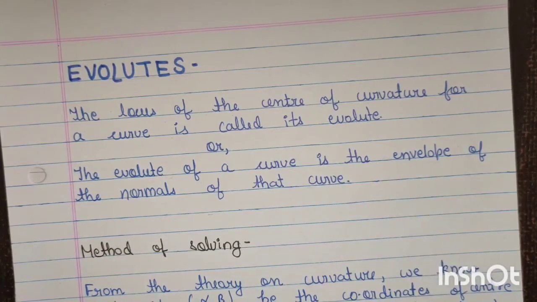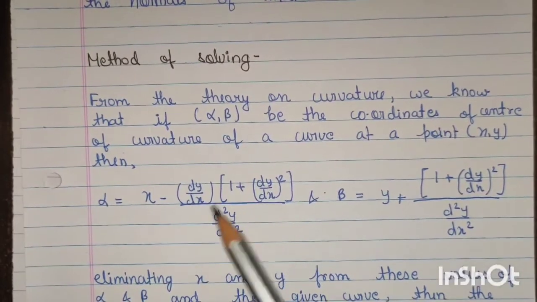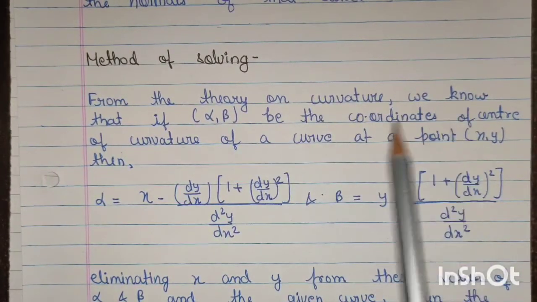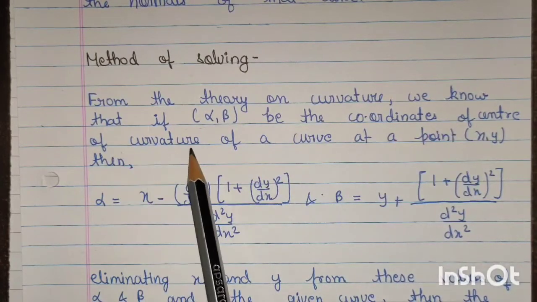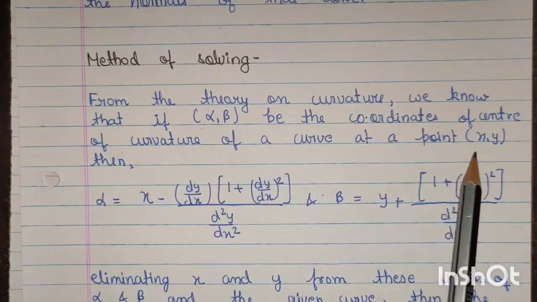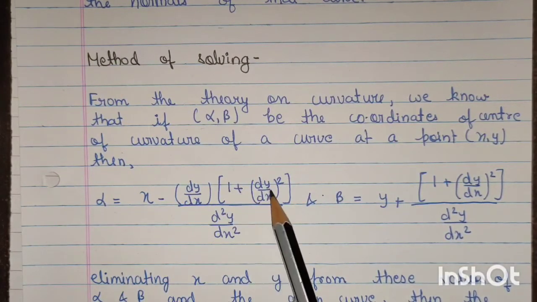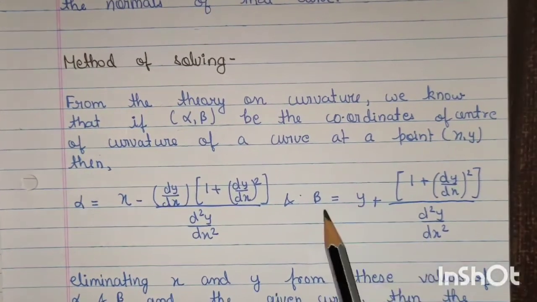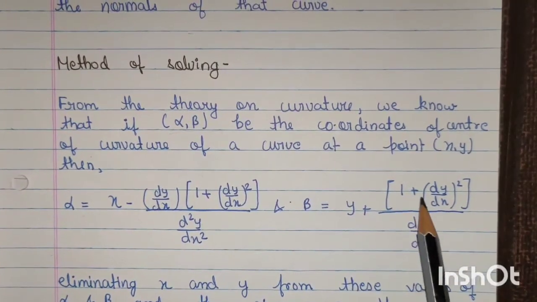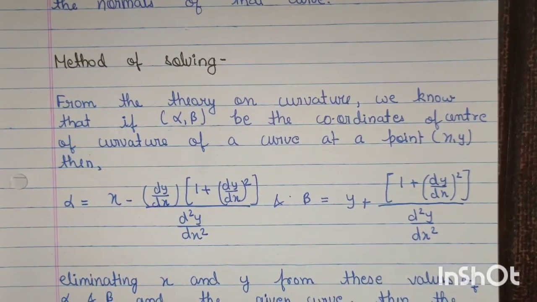Method of solving. From the theory on curvature, we know that if (α, β) be the coordinates of the center of curvature of a curve at a point (x, y), then α = x - (dy/dx)(1 + (dy/dx)²)/(d²y/dx²), and β = y + (1 + (dy/dx)²)/(d²y/dx²).